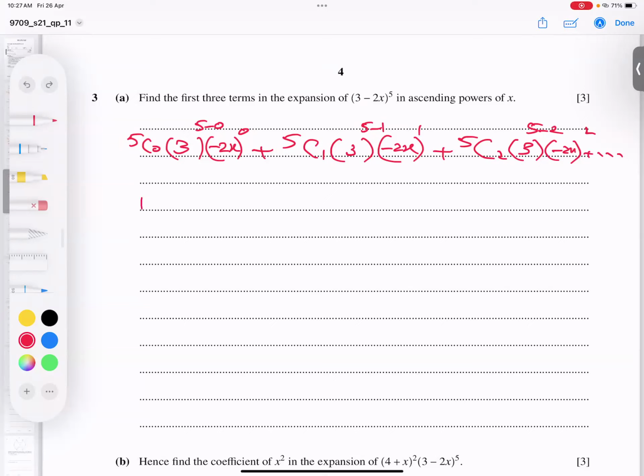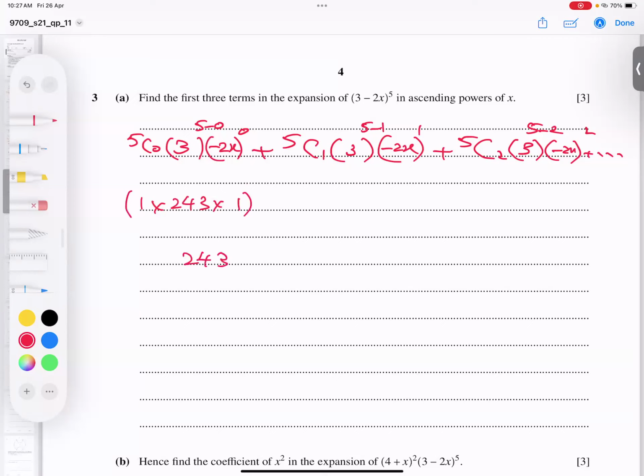5C0 is 1, and 3 to the power 5, if you check in the calculator, gives 243, and something to the power 0 is 1.